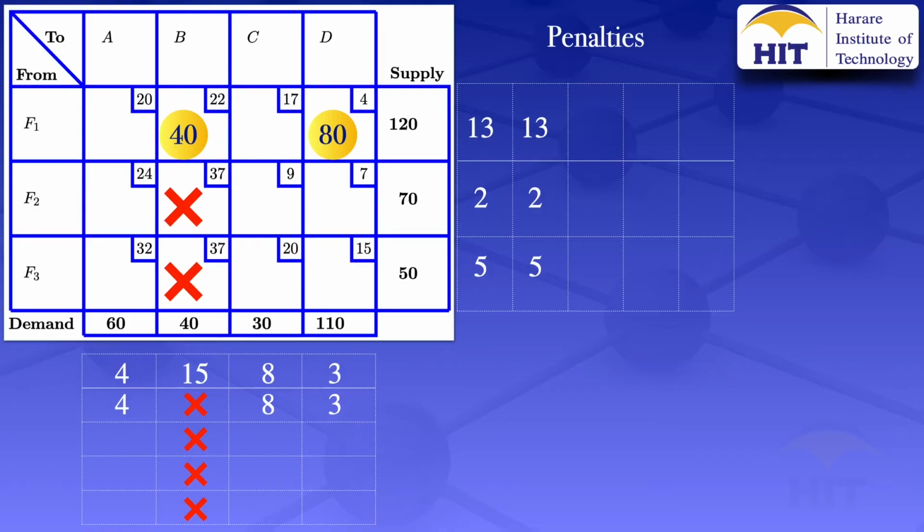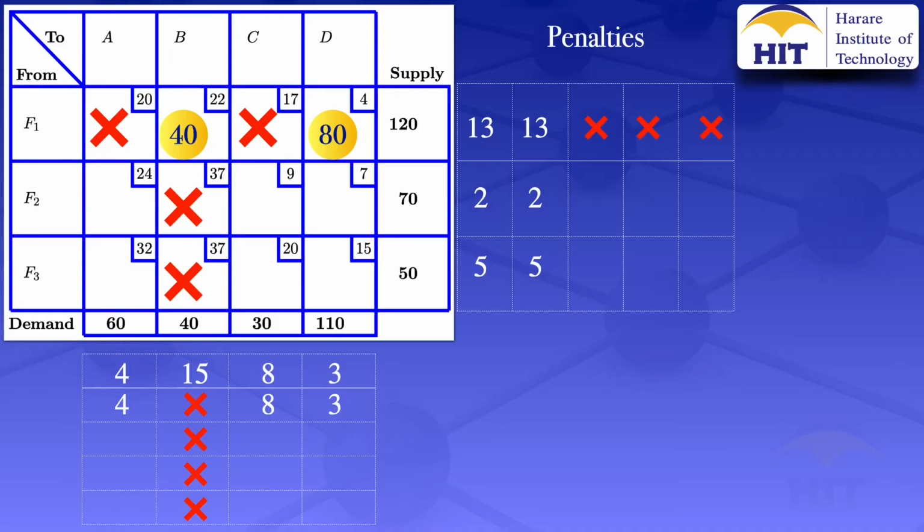So we cannot allocate here and we cannot allocate here because we have already reached the supply constraint, the 120. And the moment we do that, we'll also cross out the penalties to indicate we will not be calculating the penalties for that row. So I'll cross out here and here and here.